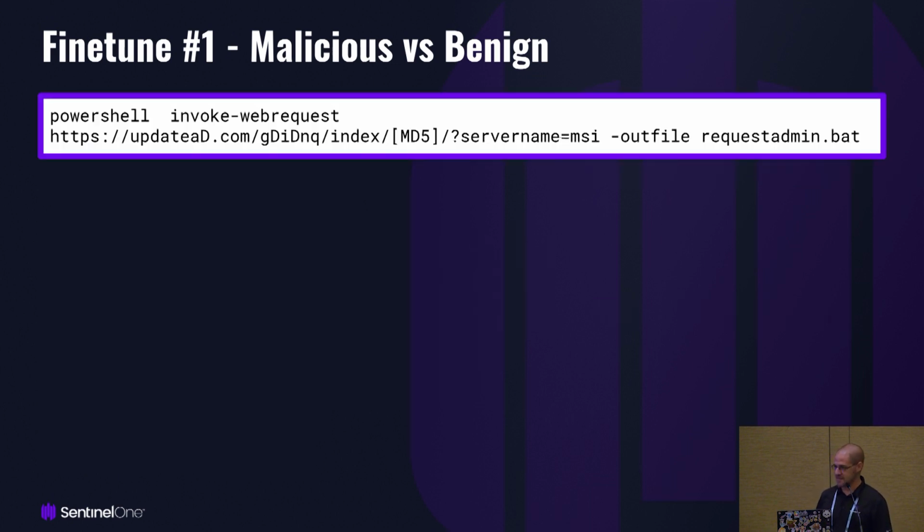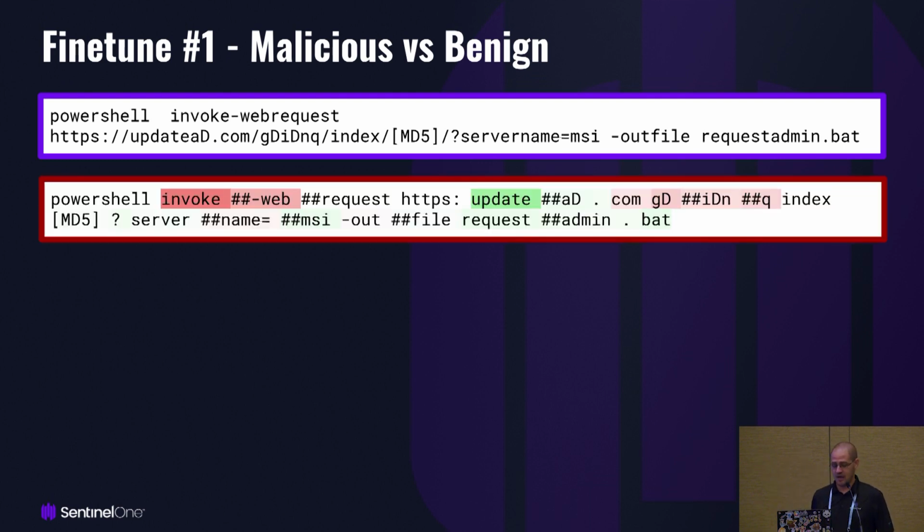So here you can see a PowerShell command line from a specific malicious threat that was happening. And the model actually classified it as malicious, which is cool, but these kinds of models let you extract something even more fruitful.